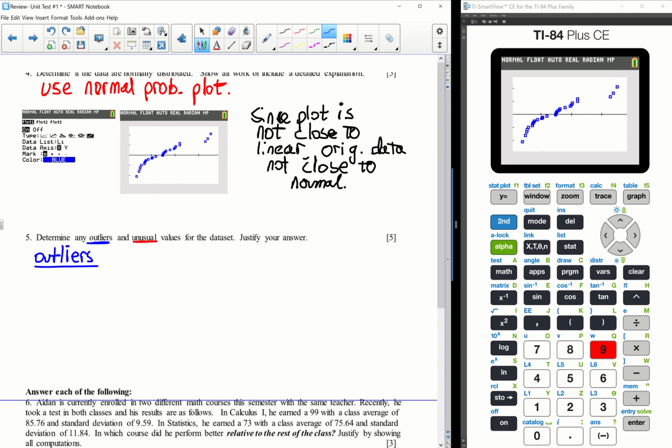For outliers, very easy. What we do is we create a modified box plot looking for any stray points.